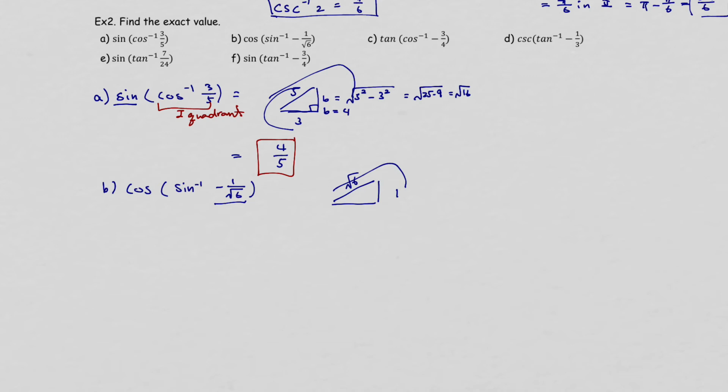And which quadrant? Sine is negative. So this is the domain of the sine. Sine is positive in the first quadrant. Sine is negative in the fourth quadrant. So it means this has to be in the fourth quadrant.